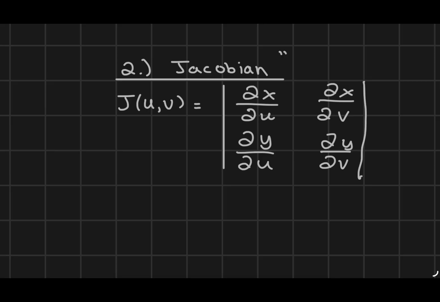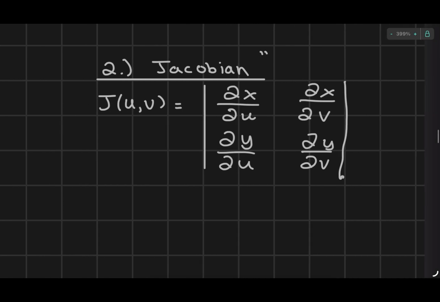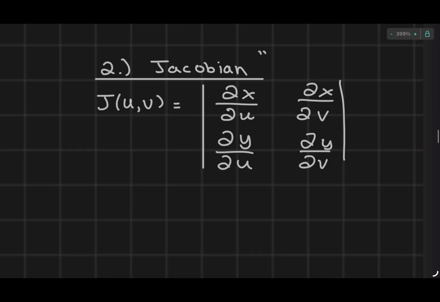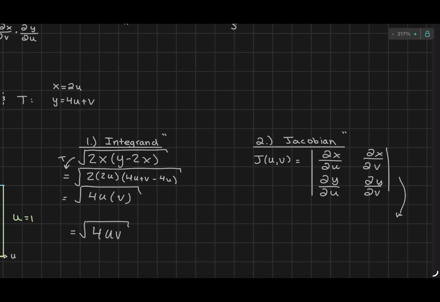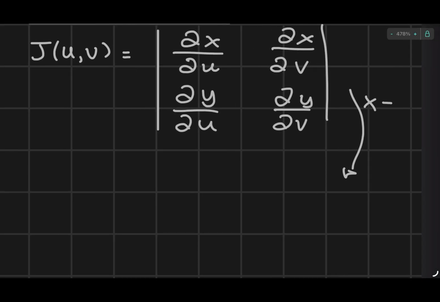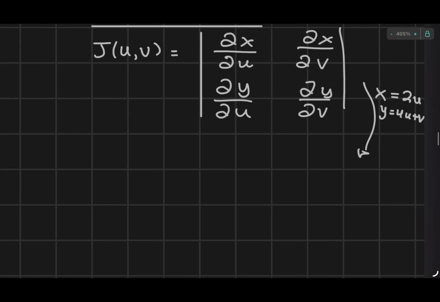Taking the determinant of that, okay, how are we going to do this? We're pretty much going to be using our transformation. Conveniently enough, our x and y are already functions of u and v here, so we really don't have to do much. We have x is equal to 2u and y is equal to 4u plus v. So pretty familiar with what we're used to here.